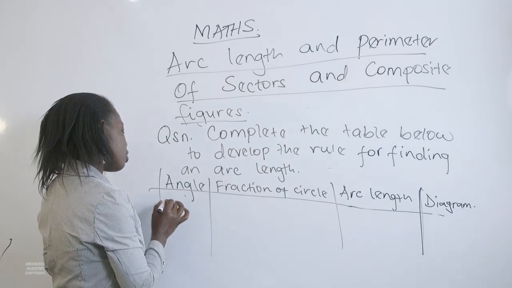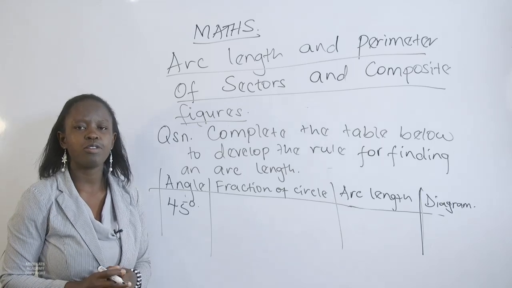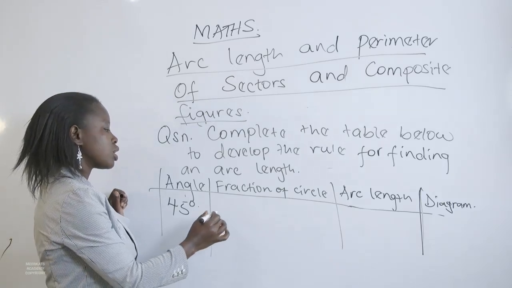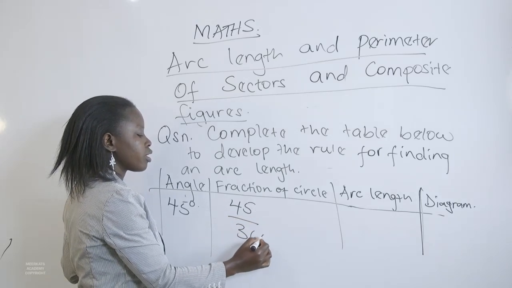Another angle we can try and find out, we have 45 degrees. So we need to find out what fraction 45 degrees represents.